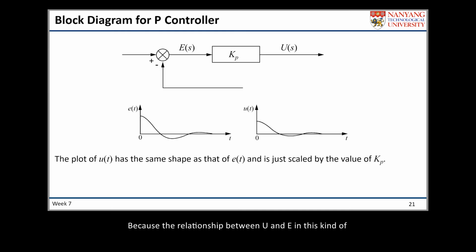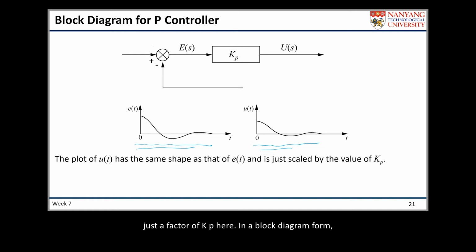So because the relationship between U and E in this kind of proportional controller is linear, whatever error that you will get in your system will have a linear relationship with the U here. So the shape of the E will be the same as the shape of the U, because it's just proportional, just a factor of Kp here.